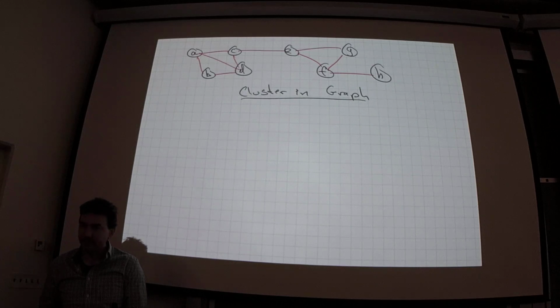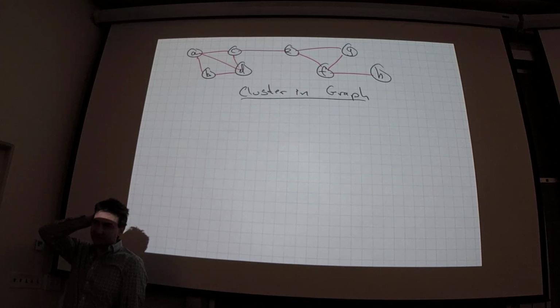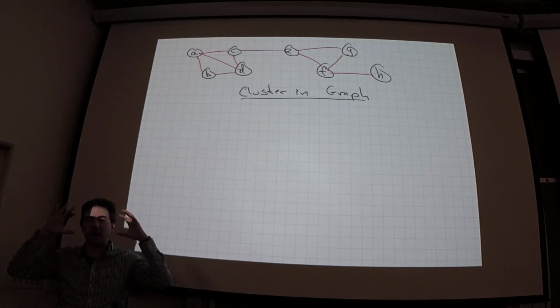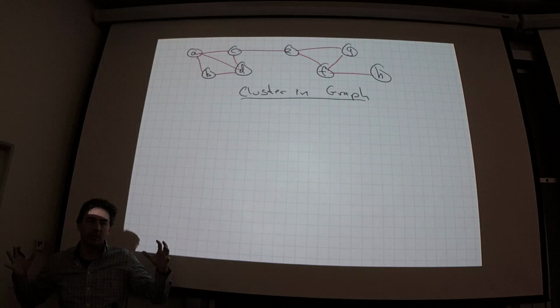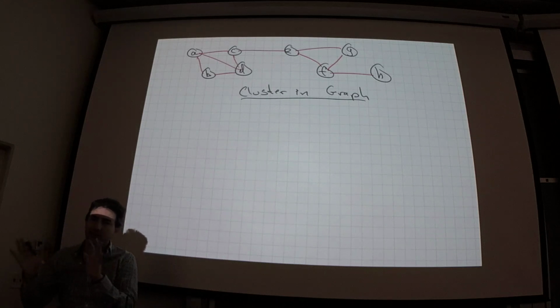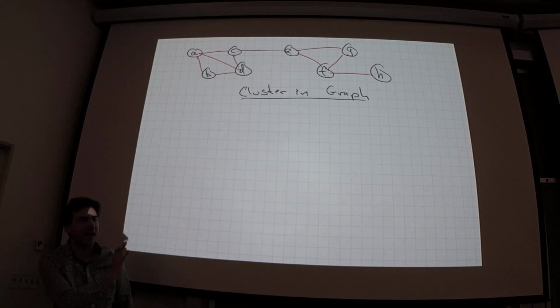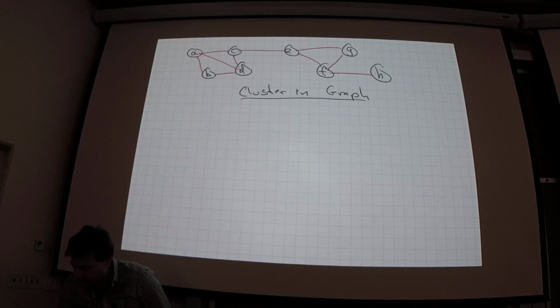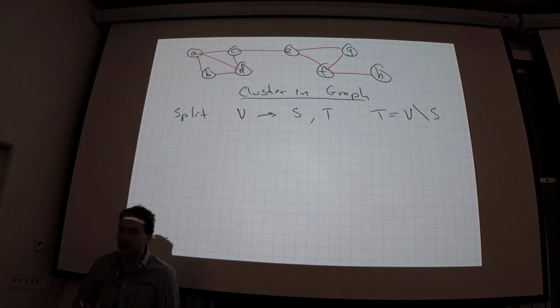And so the way I'm going to think about this is, okay, what do I mean by splitting it? I'm going to split the vertices. There are ways to think about splitting the edges, and they're often actually just variants on splitting the vertices through some transformations. So I'm going to split V, the vertex set, into S and T, where T is going to be V minus S, so it's the complement.